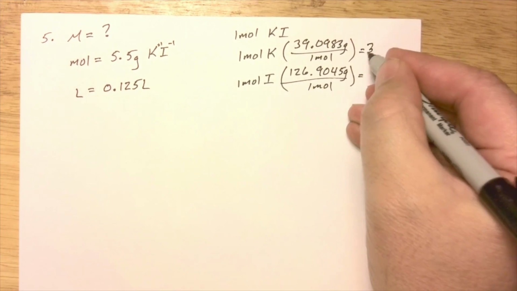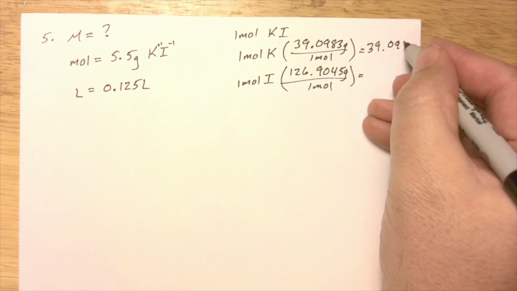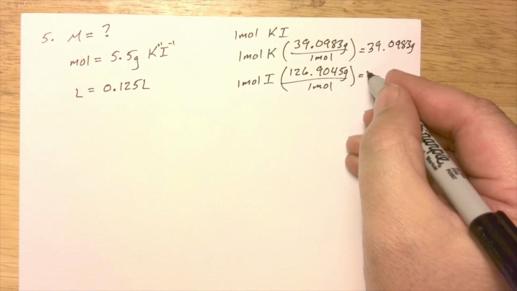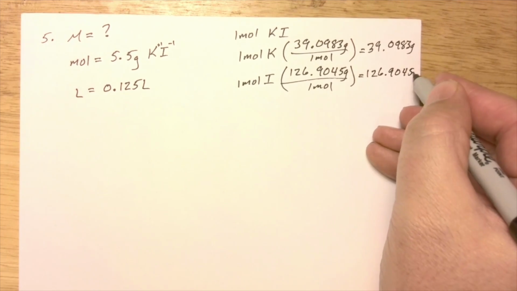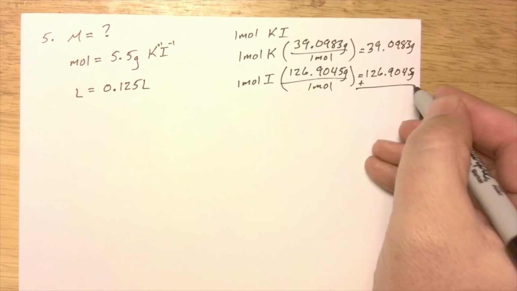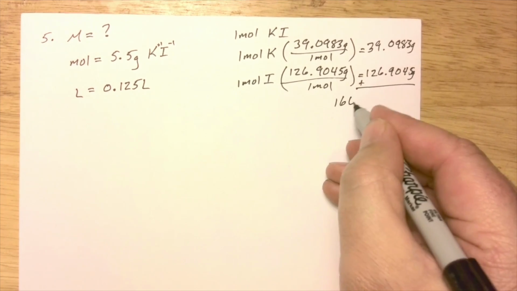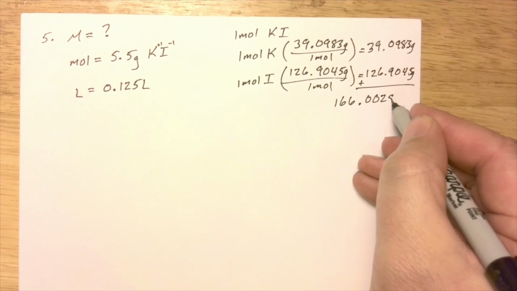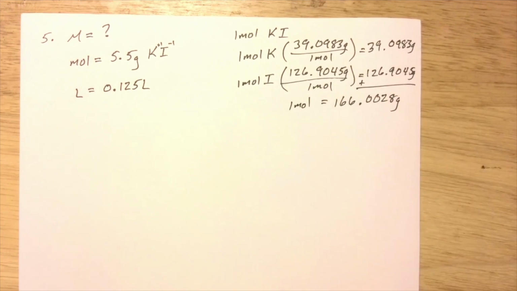So that gives me 39.0983 grams of potassium and 126.9045 grams of iodine. Add these two values together and end up coming out to be 166.0028 grams is equal to 1 mole of potassium iodide.